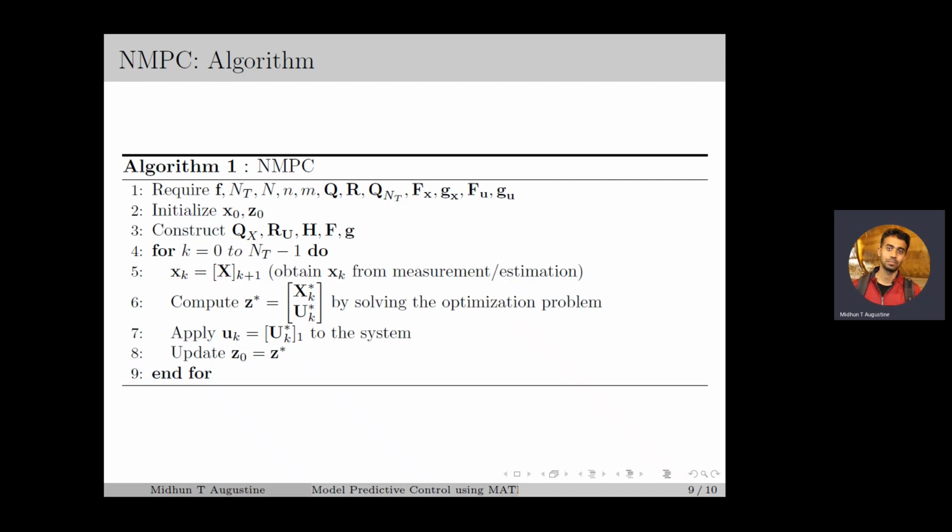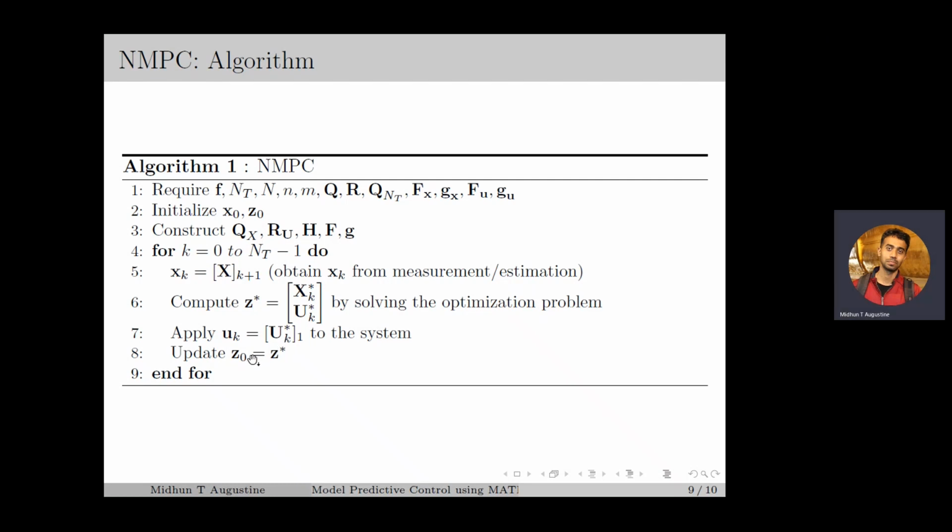Using this, the optimization problem is solved to compute Z star, which contains Xk star and Uk star as its elements. Then, the first element of Uk star is applied to the system, which gives the next state. We can use the current optimal solution as an initial condition for the optimization problem at the next instant. This is given in step 8 of the algorithm.